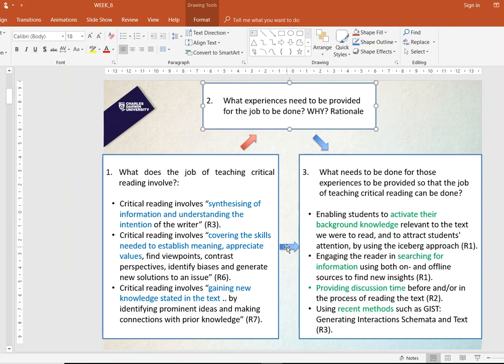It is what kind of experiences you need to generate for students for your learning activities to meet the objectives. It's not necessarily how to teach, but what kind of learning experiences you need to generate.